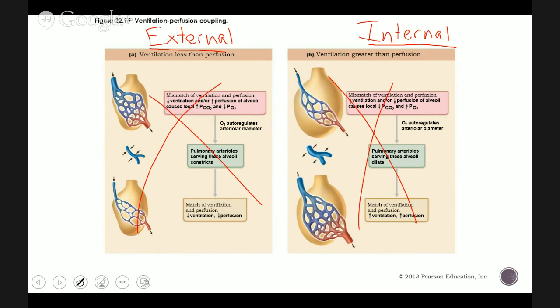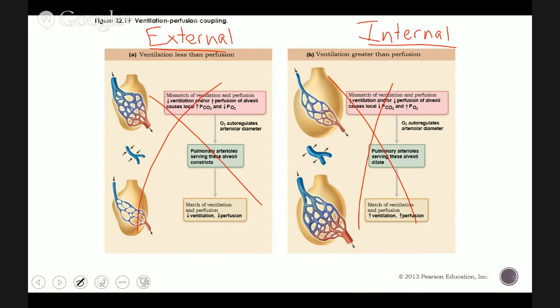Alveoli specifically. Internal respiration is the exchange of gases within the tissues, or between the tissues and the capillaries. Okay, but it's the exchange of gases at the tissue level. So the tissues are picking up the oxygen and dumping off the carbon dioxide. Okay, this is the difference between internal and external respiration, in case you are asked that or you need to know that for some reason.